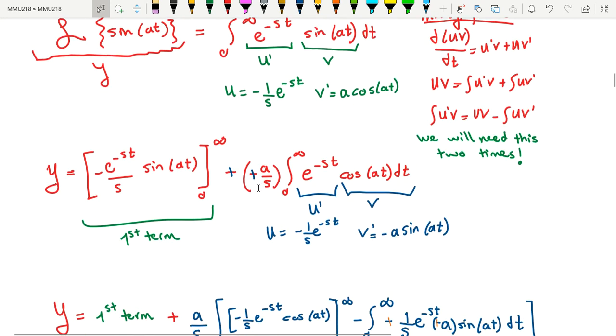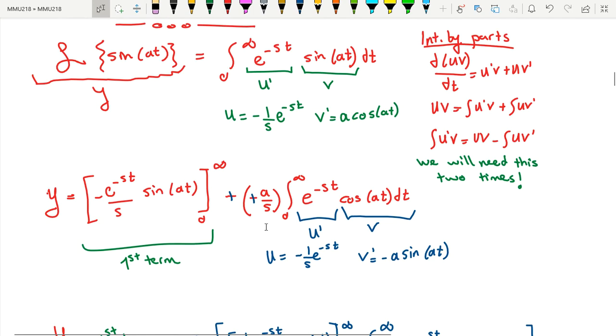And if we continue here, the first term is going to be uv. What is uv? Minus 1 over s e to the minus st sine at. That's over here. And minus a over s e to the minus st cosine at dt. So that will be u prime v.